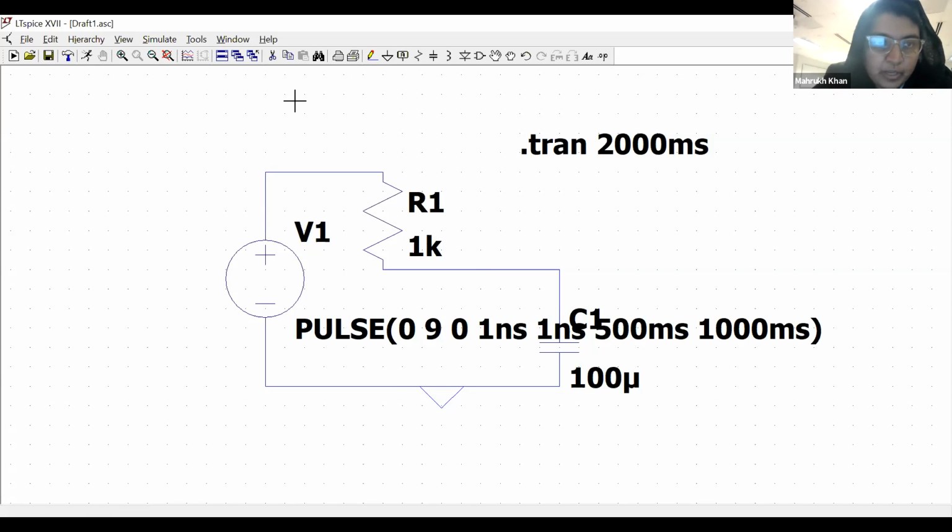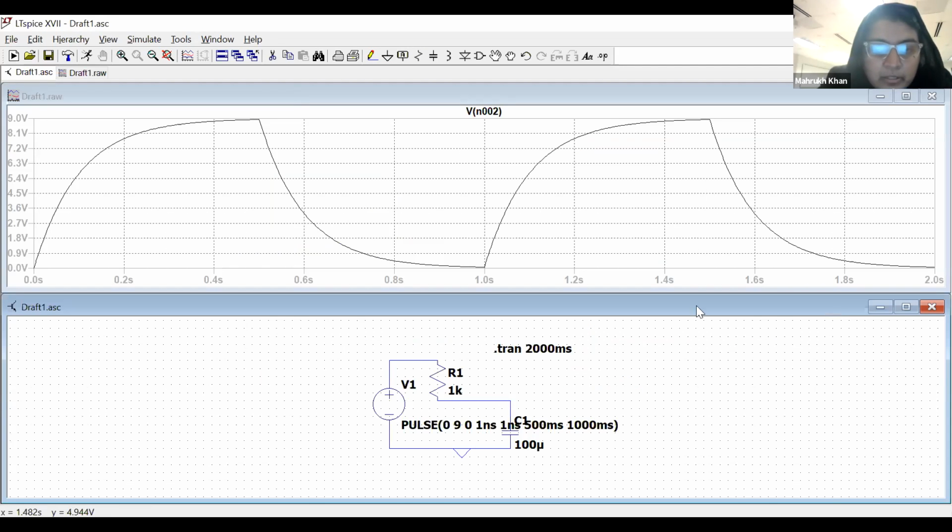Here you can see the charging and discharging waveform. You can see that the capacitor is charged at about 500 milliseconds to its maximum value, and then it discharged, and it took 500 milliseconds to completely discharge. As I have asked for 2 cycles, like 2000 milliseconds, we can see 2 cycles of the charge and discharge.